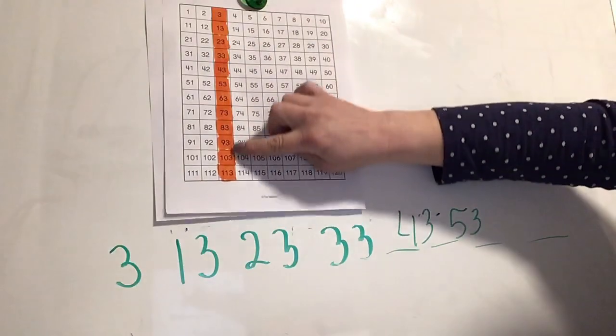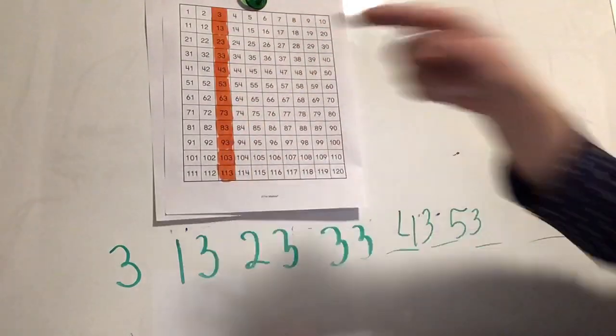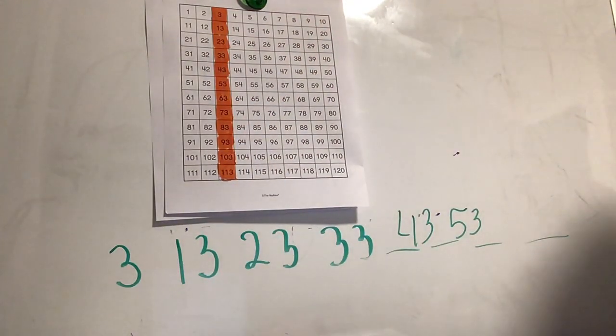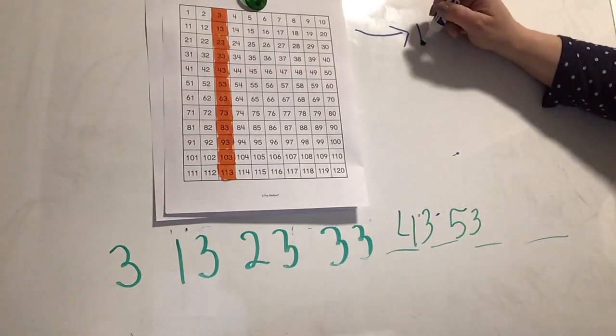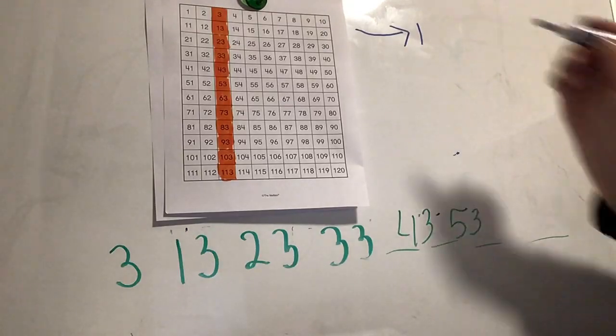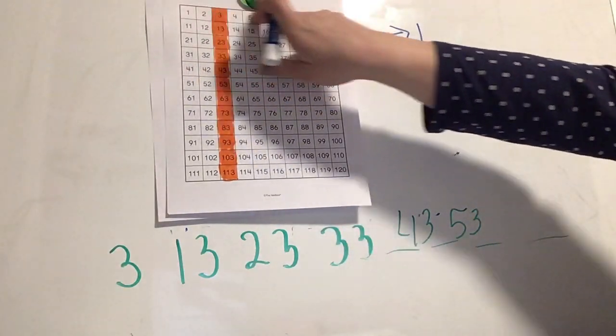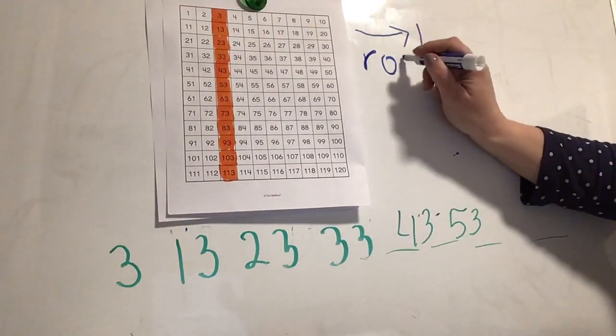Just go down the column. When we count by 10, we go down the column. Okay? It's very important to use the chart. I know you can say, oh, I know this, but I want you guys to be able to use the chart, okay? And I want you to remember that when I count by 1, I go this way, and this is called a row, okay?